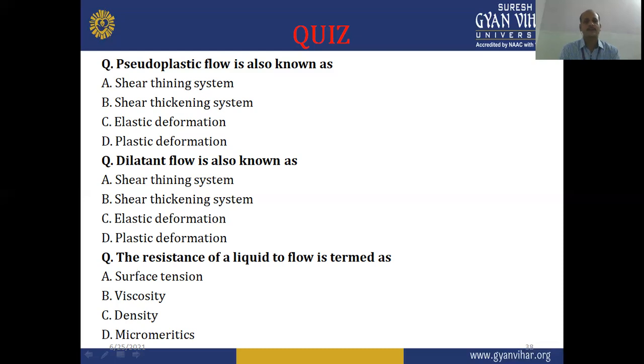Next one is: the resistance of a liquid to flow is termed as. A is surface tension, B is viscosity, C option is density, and D option is microfaradics. So we have to pick the correct option where the resistance of a liquid to flow is termed as.